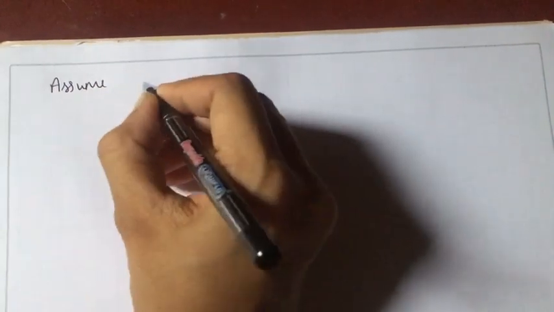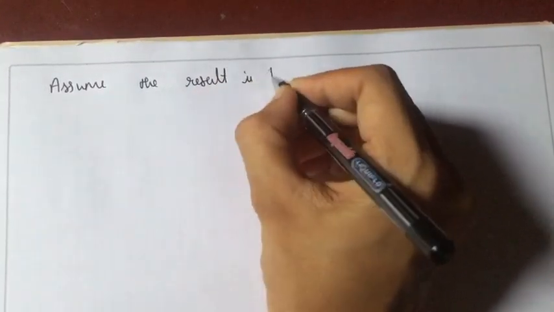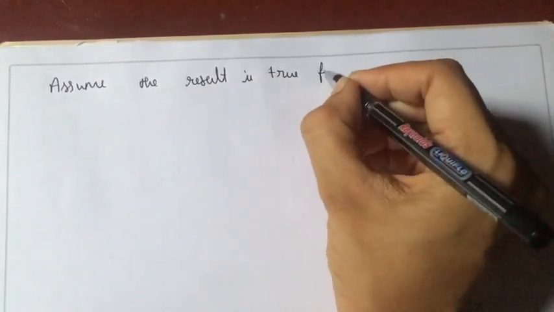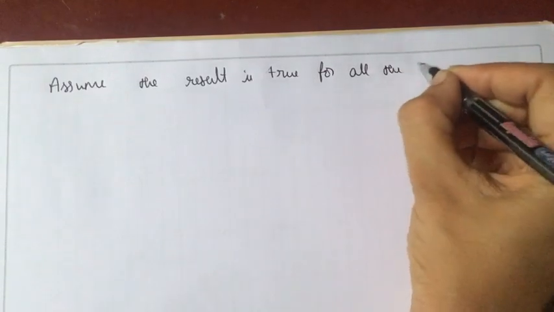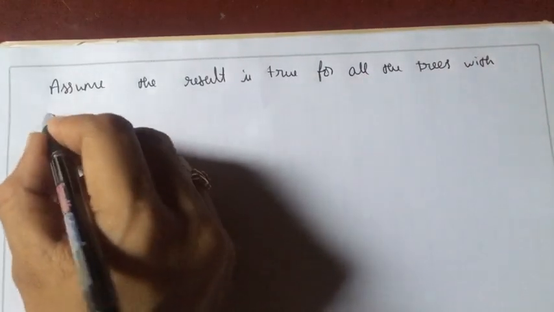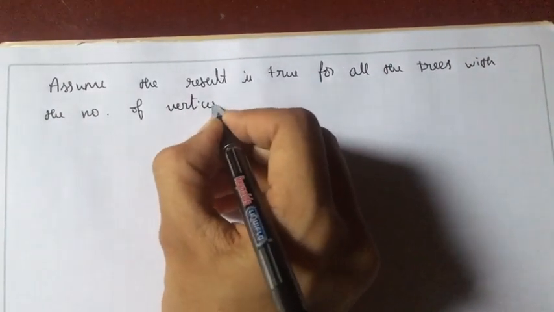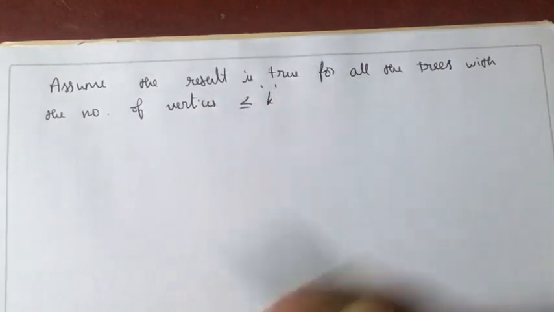So I'll assume this result is true for all the trees with the number of vertices less than or equal to, say, some k.